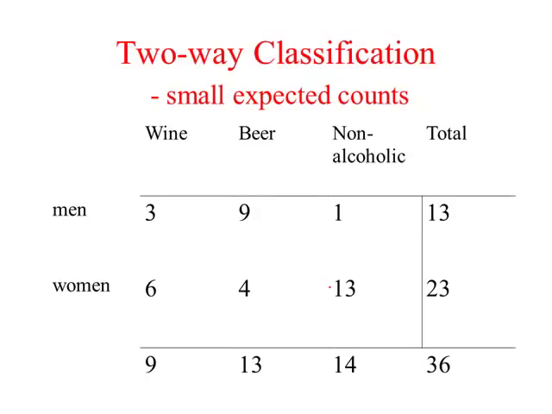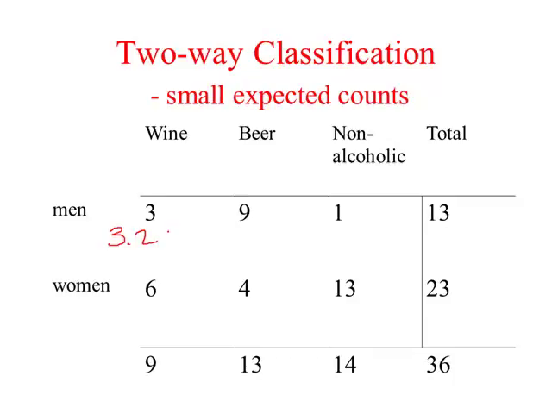So this is an example where we have small expected counts, so this is going to be a problem for our normality assumption. So in this case, for men drinking wine, we see our number is much smaller here, only 36 people. So if we take 9 times 13, and divide by 36, we would get 3.25 for this one.